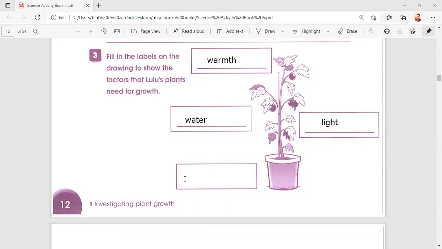This process is called photosynthesis. Okay, these are the four factors which are important for plant growth. Number one, warmth. Number two, water, then air, and then light.